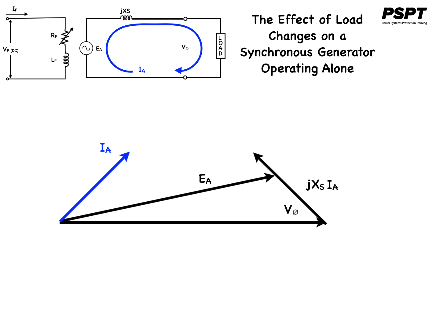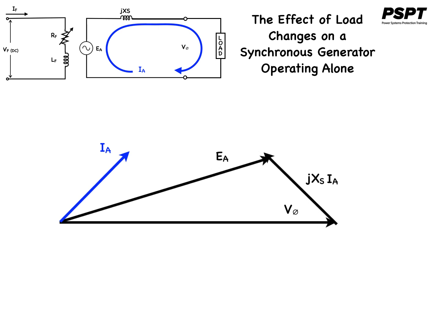IA would increase in magnitude, and having the same power factor would be at the same angle. The voltage drop across the internal impedance, which we've assumed to be XS, its magnitude will also increase at the same angle as it did before the increase. jXSIA again must stretch between V phi and EA, which is constrained to be the same magnitude as before the load increase.